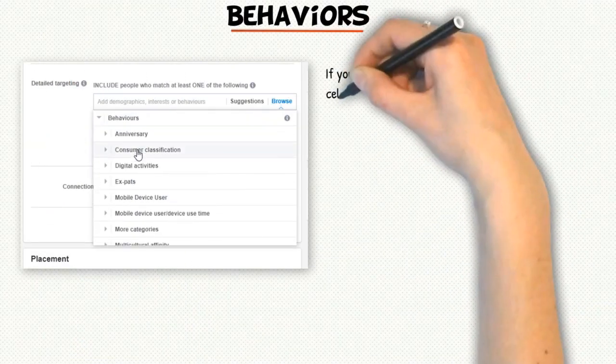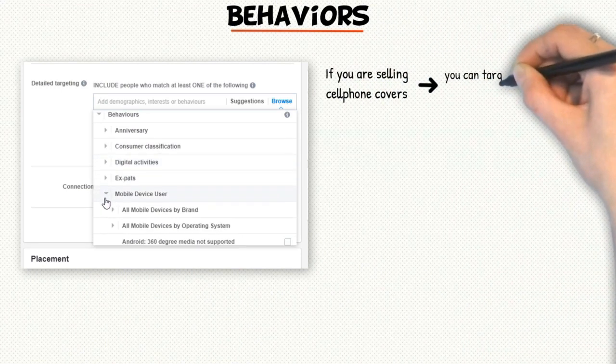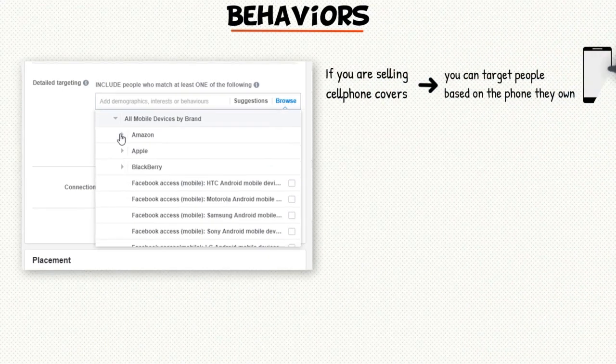And if you are selling cell phone covers, you can target people based on the phone they own.